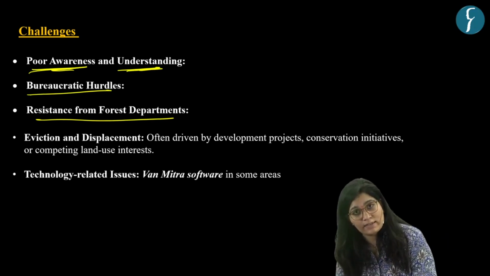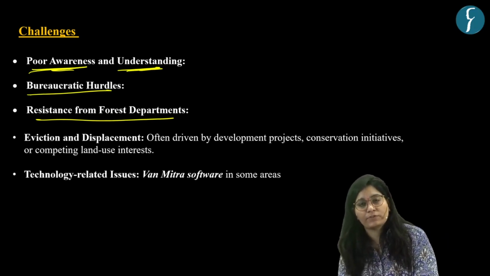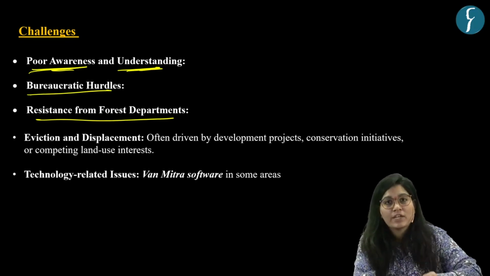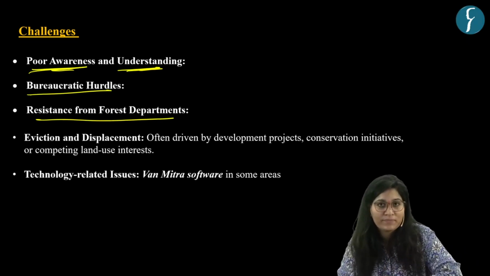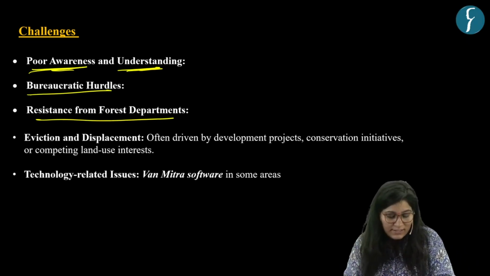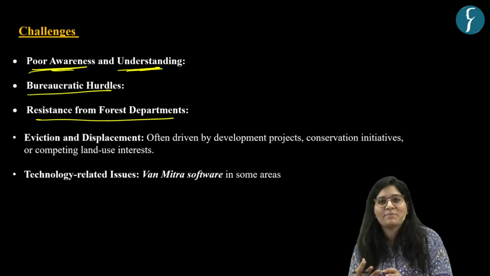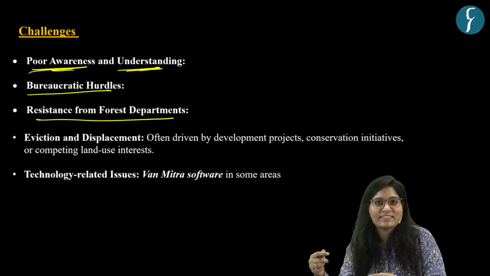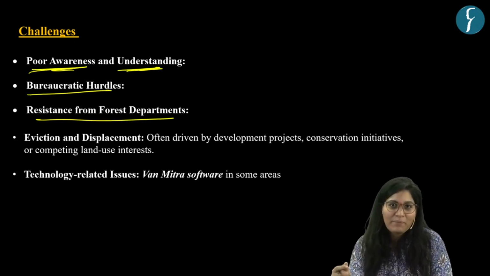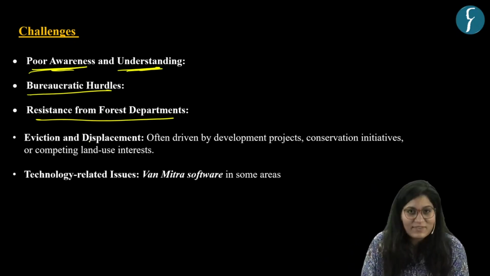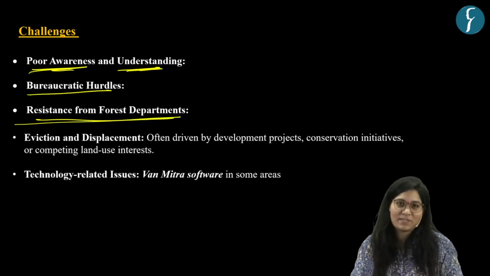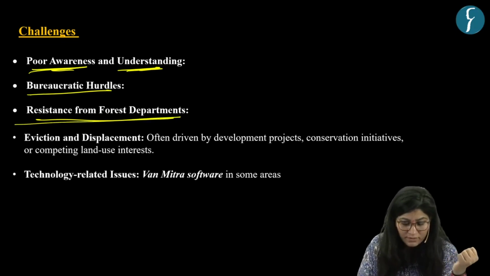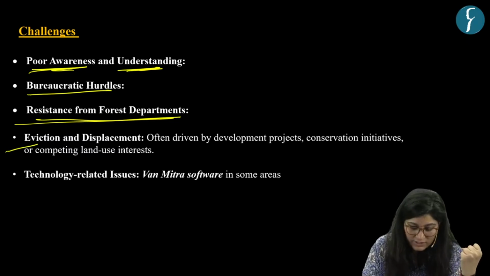Gram Sabha is the deciding factor if you talk about the nature and extent of individual right and community forest right. So the urge of forest department, or that craze for centralized authority, because of that there's a resistance from forest department. Okay. Then issues like eviction and displacement.